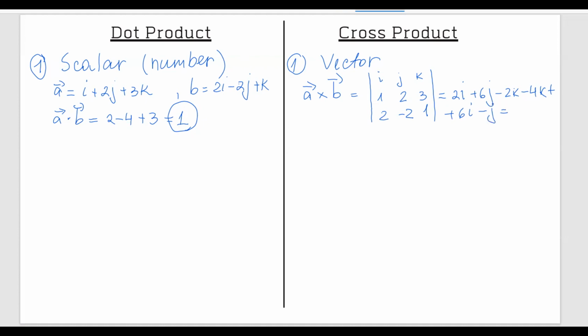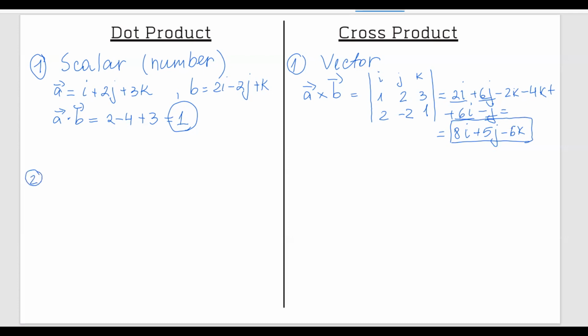Let's reorganize here. We have 2i plus 6i, so adding the i coefficients, I'll get 8i. And then for the j, I have 6j minus j, which is plus 5j. And for the k, I'll get minus 6k. So here it is, the result of a cross product is a vector.